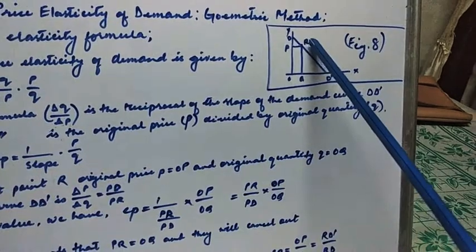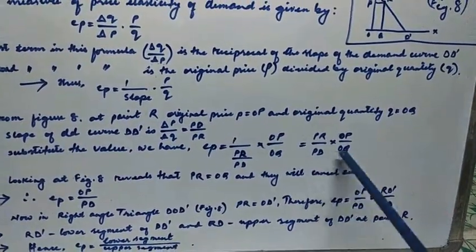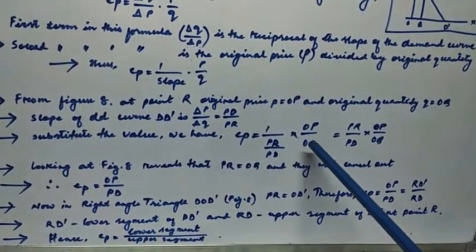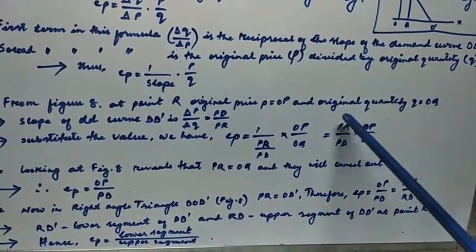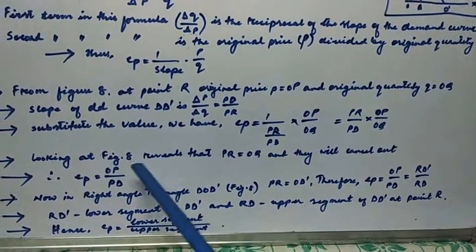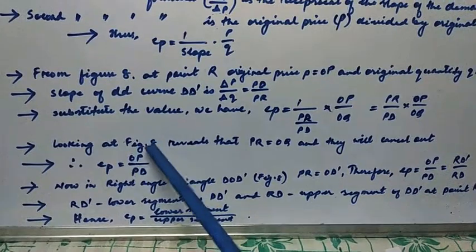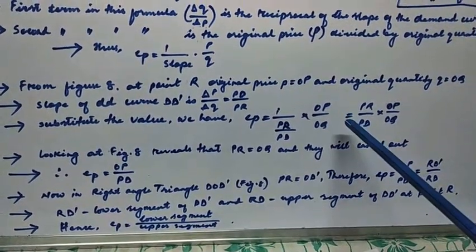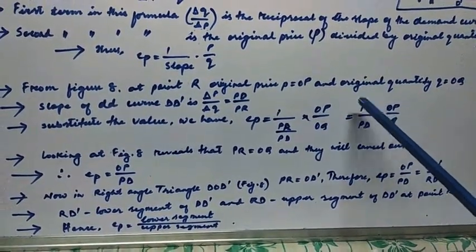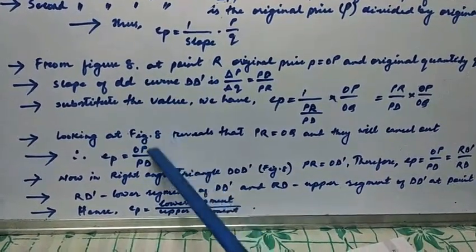So PR is equal to OQ, and they will cancel out. So we cancel out PR and OQ, and what we have is OP and PD. So at last we have EP equals OP over PD, because PR and OQ already cancel out, and what we are left with is OP and PD.